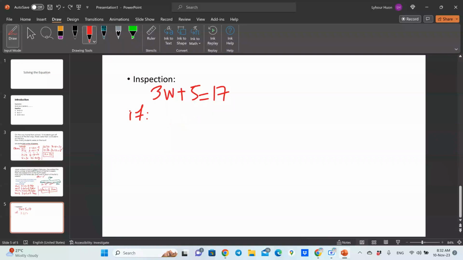We can write this as 12 plus 5 equal to 17. This is how we inspect the equation.